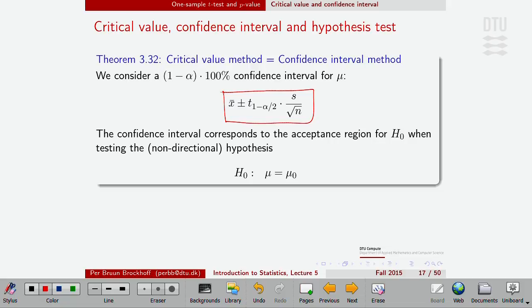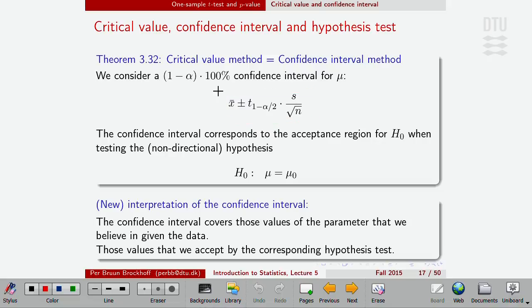exactly includes those values that are accepted by the hypothesis test. The confidence interval values are the acceptable values. Those outside the confidence interval are the rejectable values. So by looking at the confidence interval, such a nice and intelligent tool, I have tested all possible hypotheses like that. The proof is here.